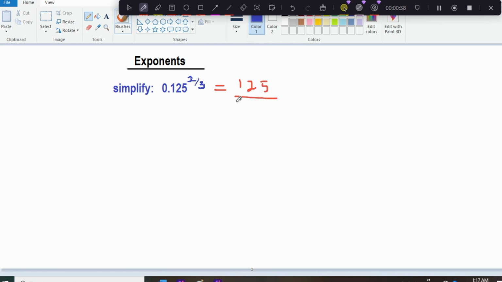We have the numerator 125, and we have 3 digits after the decimal, so that will be 1000. Now it is raised to power 2 over 3.